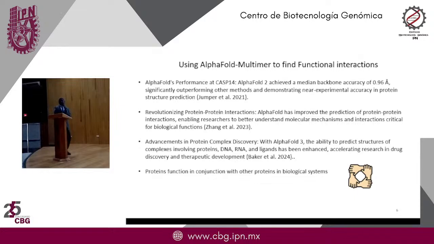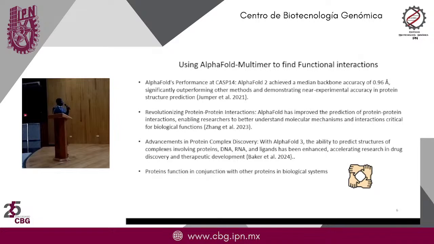In order to explore functional relations in these hypothetical proteins, we resorted to using AI, specifically AlphaFold-Multimer. I'll talk a little about AlphaFold. In 2021, there was a paper published, and there was a conference, CASP 14, where models of protein prediction and protein folding were tested.